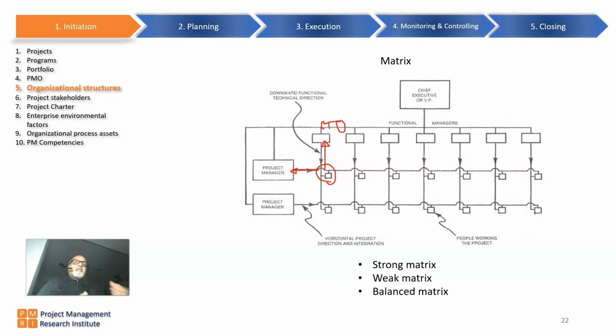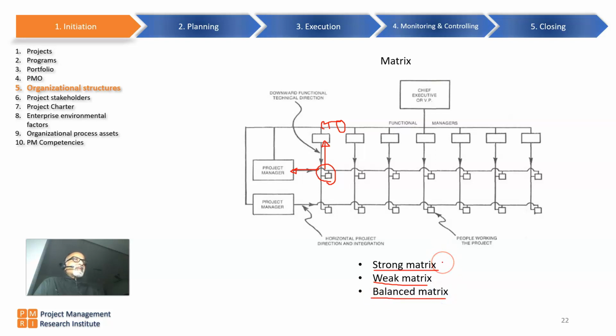Okay, so wherever you see a dual reporting, or whenever we hear things like a dotted line reporting, that is an indication of a matrix organization structure. And the matrix itself can be subdivided into strong matrix, weak matrix, and balanced matrix.